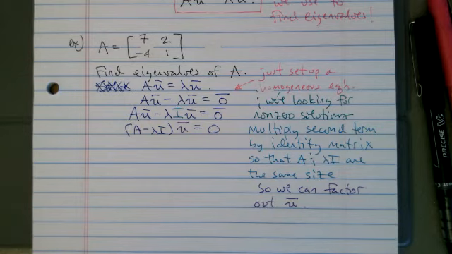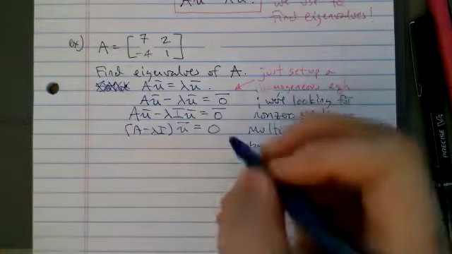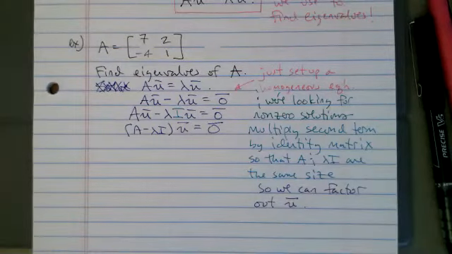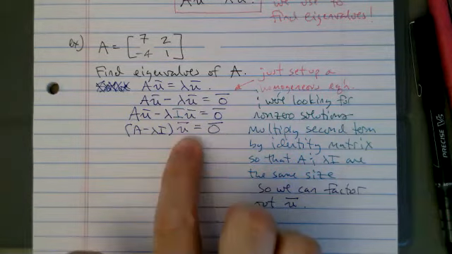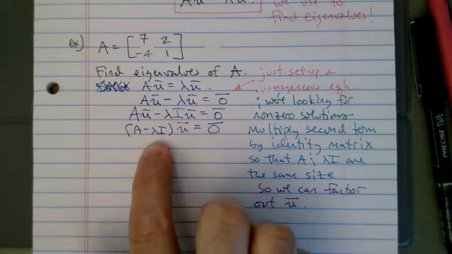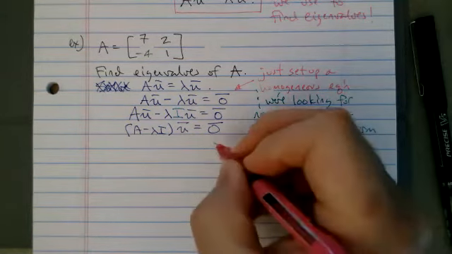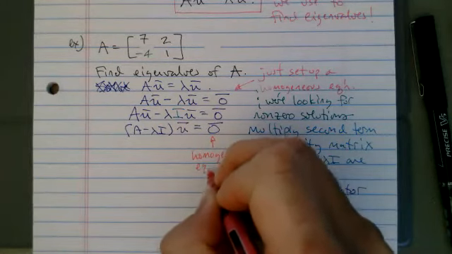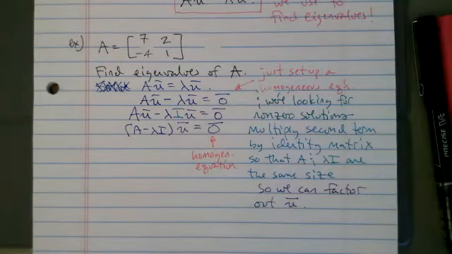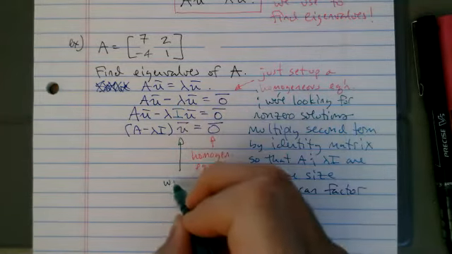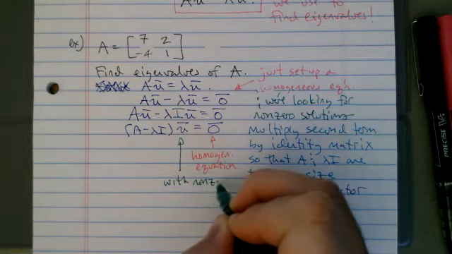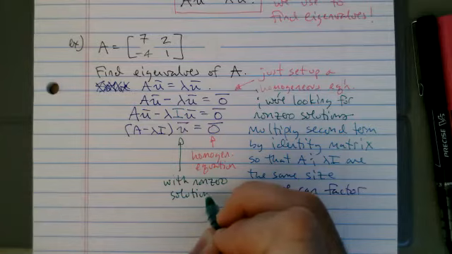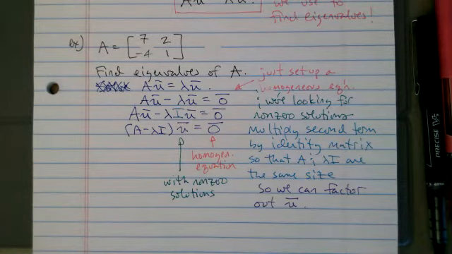And since we're looking for non-zero solutions to this homogeneous equation, A minus lambda I is not invertible. If this homogeneous equation has non-zero solutions, then A minus lambda I is not invertible. A homogeneous equation with non-zero solutions means that A minus lambda I is singular.